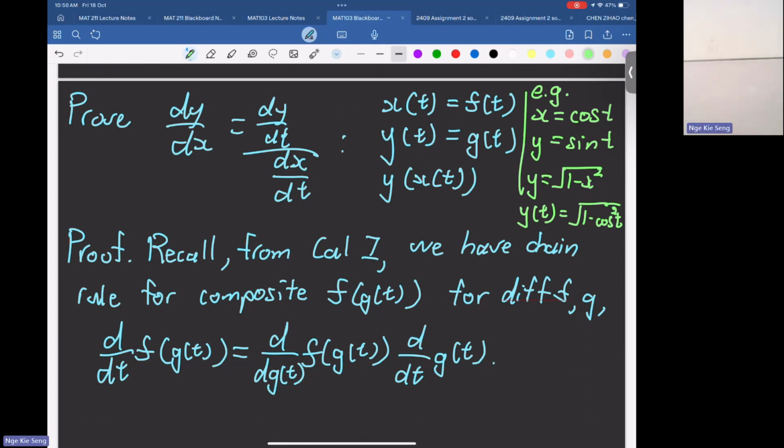How do we use the bottom formula to get the top formula? Think about it. I give you 1 minute.